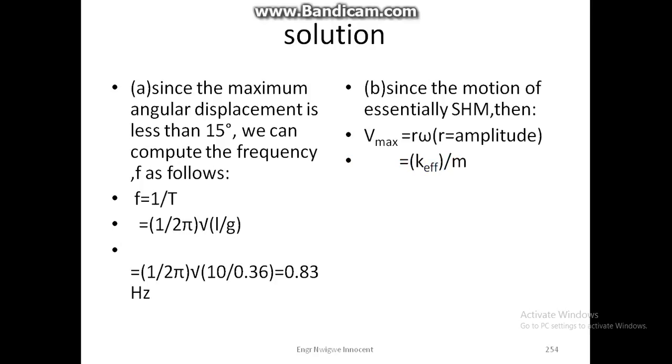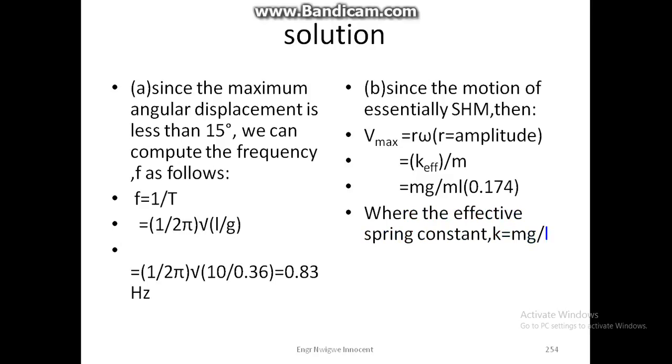Omega is the square root of k over m, where the effective spring constant k is equal to mg over L. We now substitute the values: square root of 10 over 0.36 times 0.1974, which will now give us 0.33 meters per second.